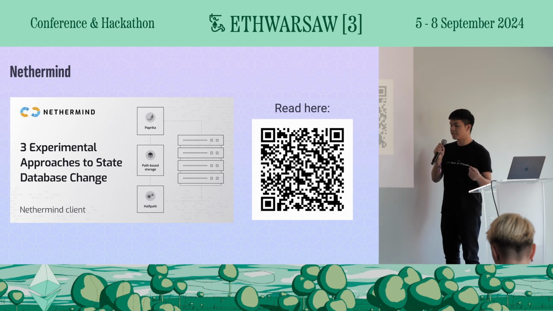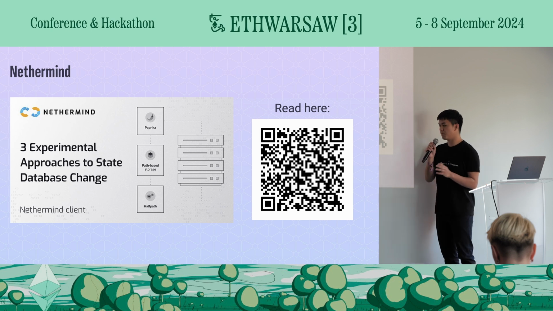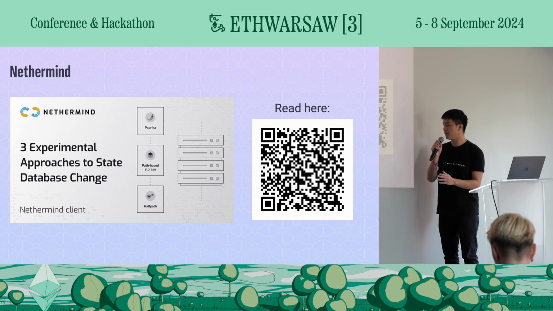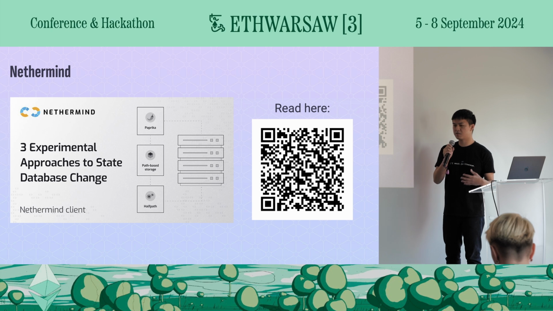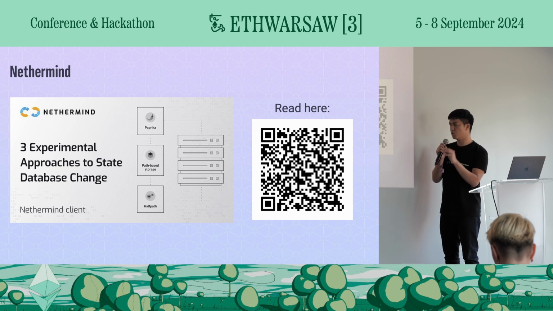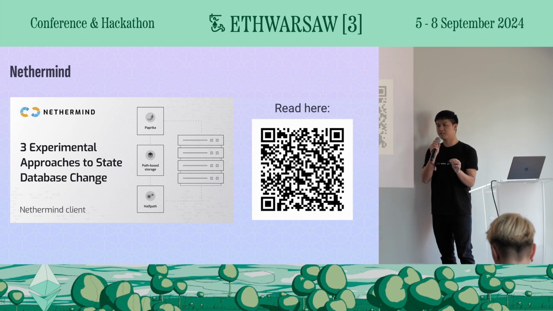So that's Paprika. The second approach is called path-based storage, which is exactly the same as the Go Ethereum one. And the third one is called half-path. Half-path is an approach that is in between the hash-based state scheme and the path-based state scheme, and that's why it's called half-path. It's more like a database optimization technique. When we talk about a trie node, an MPT node at the database level, you are representing the node as a key value pair, so you map the hash of the trie node to the actual trie node object.